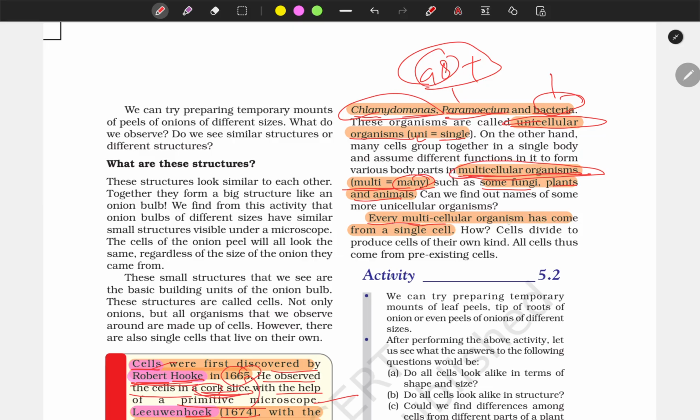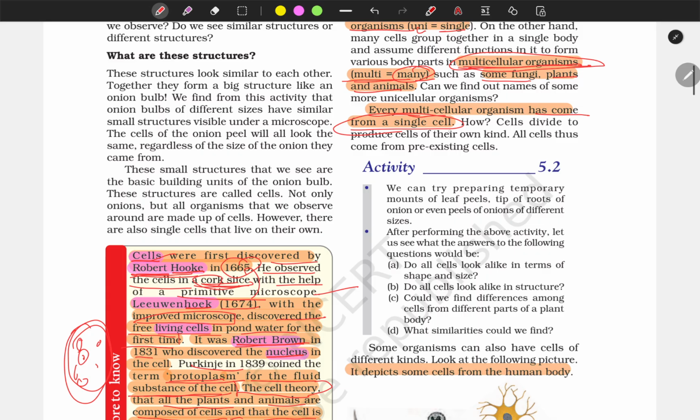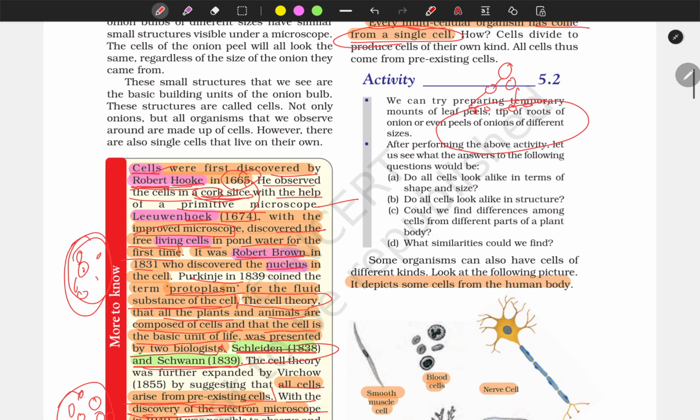Every multicellular organism has come from a single cell, and a single cell divides into two, and these two divide into four, and this is how the multicellular body forms.